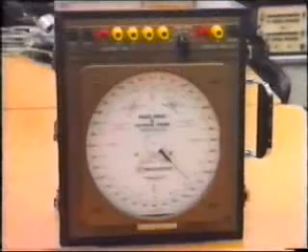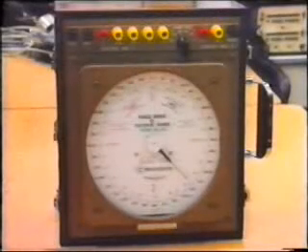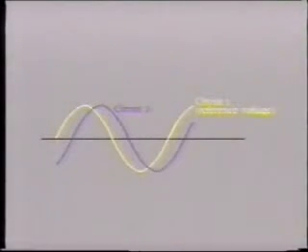All right, now let's turn our attention to measurement of phase angle. Correct phasing is essential for generator operation, relay directionality, and metering. Most phase angle meters work on the same principle, that is, to measure the time interval between the zero crossing of the two quantities.